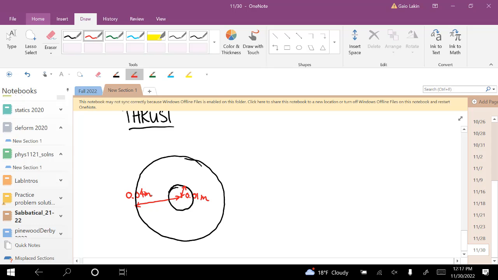Remember, we're going to go in order. First I'll define my infinitesimal ring.